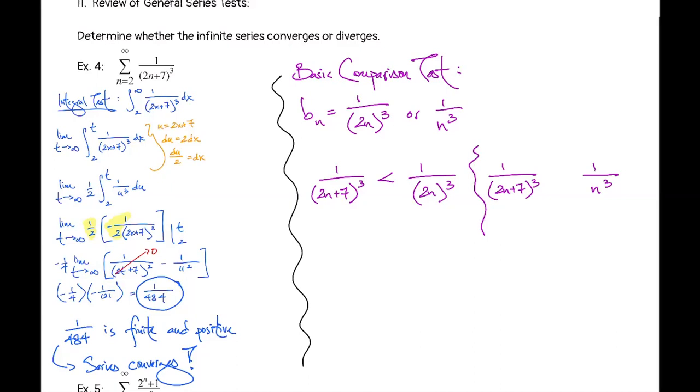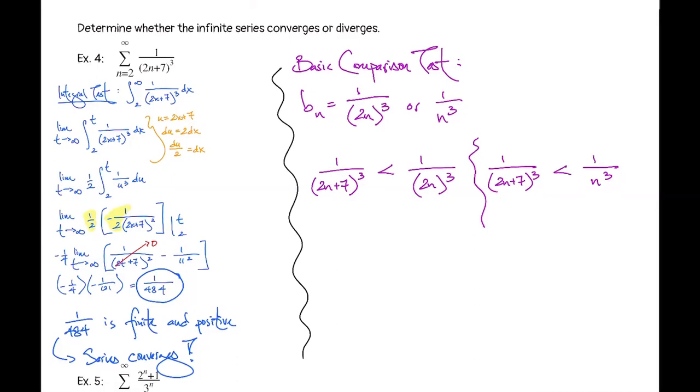Can we say something similar about the pair on the right? Yes. Okay. So we could say that the one on the left is smaller because that denominator has a times 2, and then you add 7, and then you cube it.